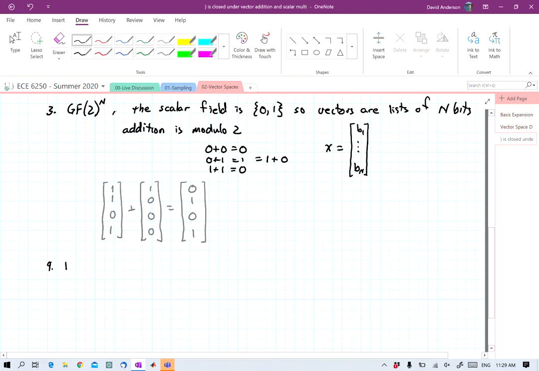Actually, let's do this one. Bounded continuous functions f of t on the interval AB that are real valued.